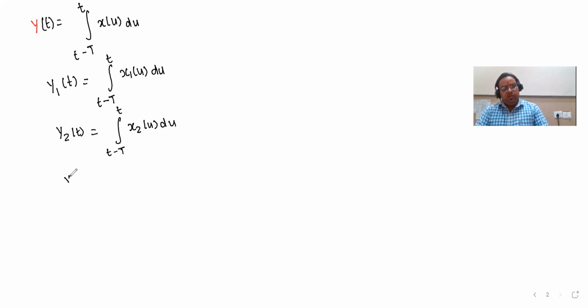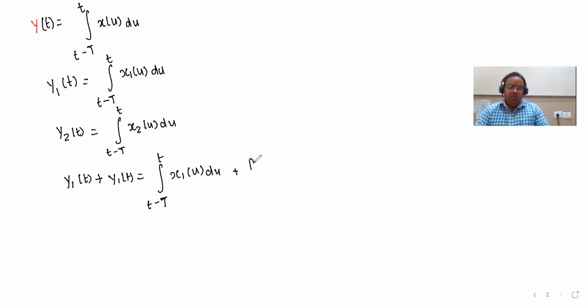Okay, now we basically sum these outputs. So what do we get? We get the integration from t minus T to t of x1 of u du, plus the integration from t minus T to t of x2 of u du.